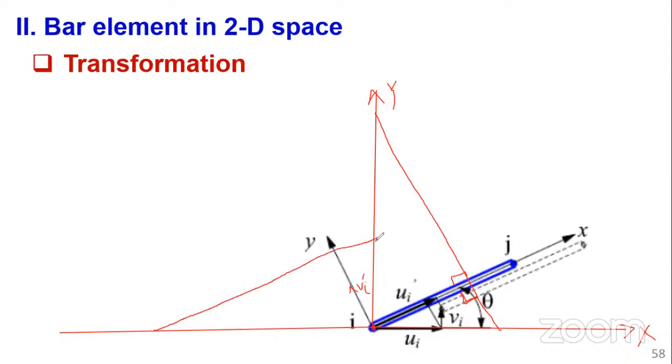So I want to use similar triangles. So this perpendicular, perpendicular. So that I know if this is angle theta, the orientation of this member to the horizontal, then of course this angle is 90 minus theta because it's a right angle triangle. And then this being theta, it means this angle here is also equal to theta because this is 90, this is 90, this angle is 90 minus theta, it means this is theta.